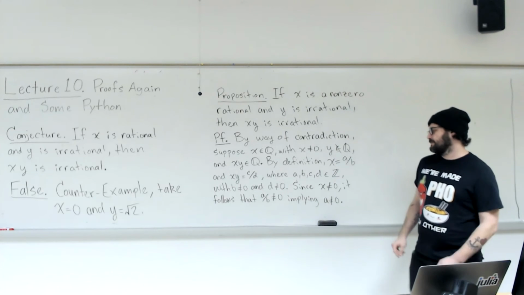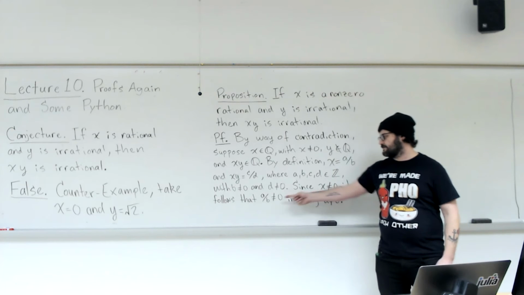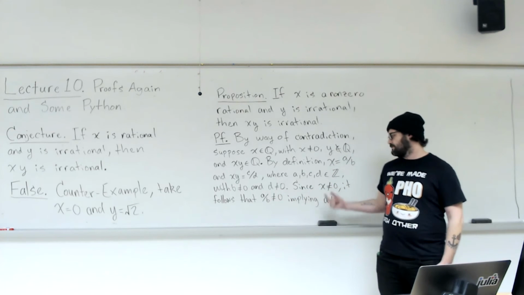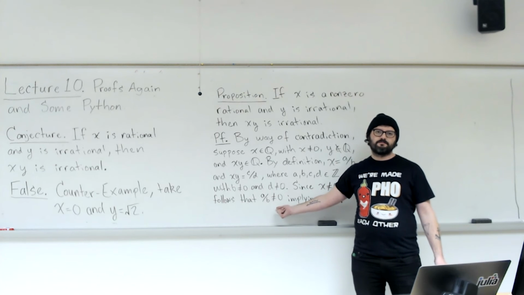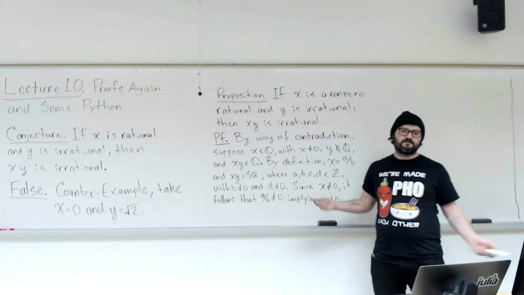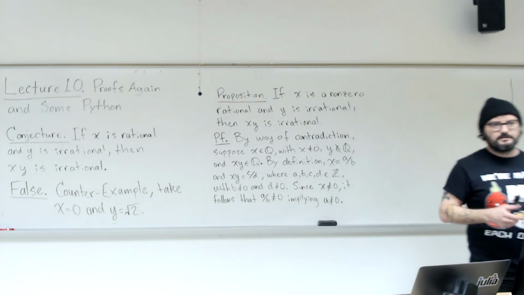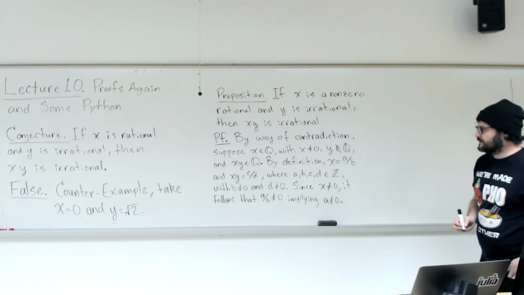So again, the reader should know that X is the same thing as A over B. So if X is not equal to 0, then A over B is not equal to 0, which means that A can't be 0. So it's more clear that way to me. Okay.